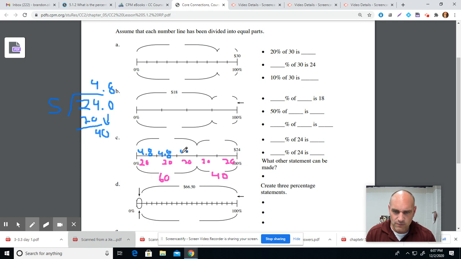I'm not going to do this for every one. Well, maybe I will. 4.8. And this chunk is going to be $4.80 because that's 4.8. And this one is going to be $4.80. All right. So we want to know what this is worth. Well, this is 3 of them.